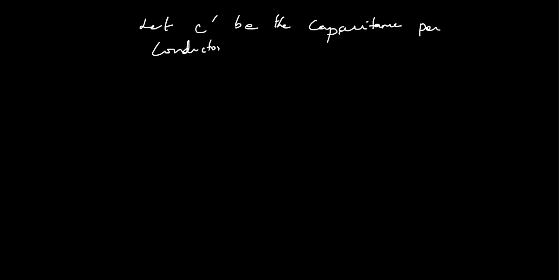Now let C prime be the capacitance per conductor. There are two conductors, and when they are in series combination, it is mentioned as C prime and C prime. It won't change.